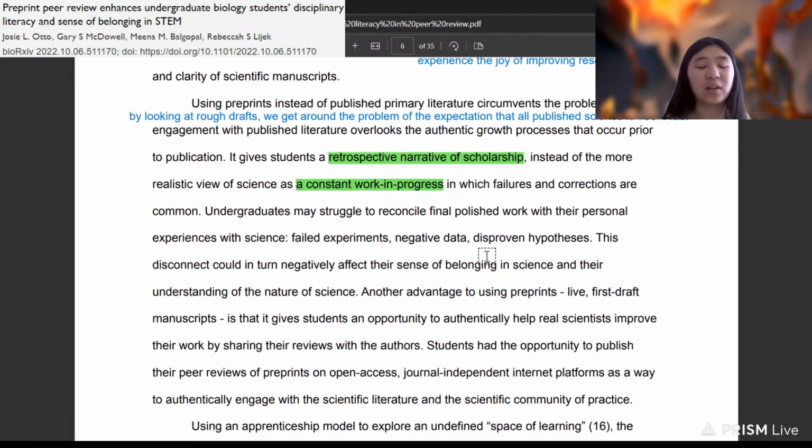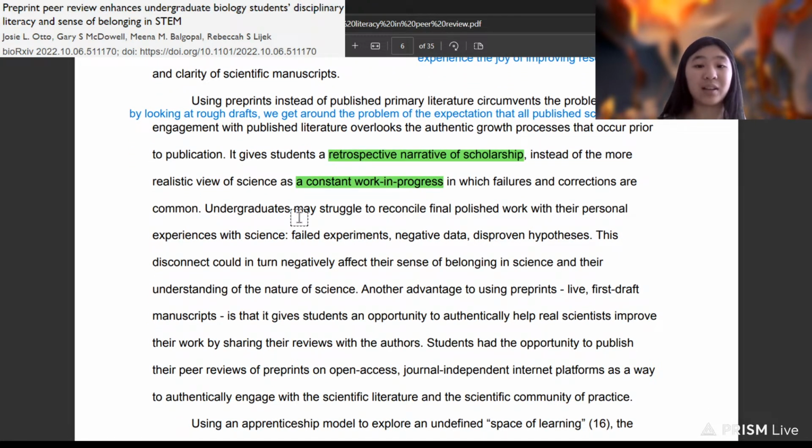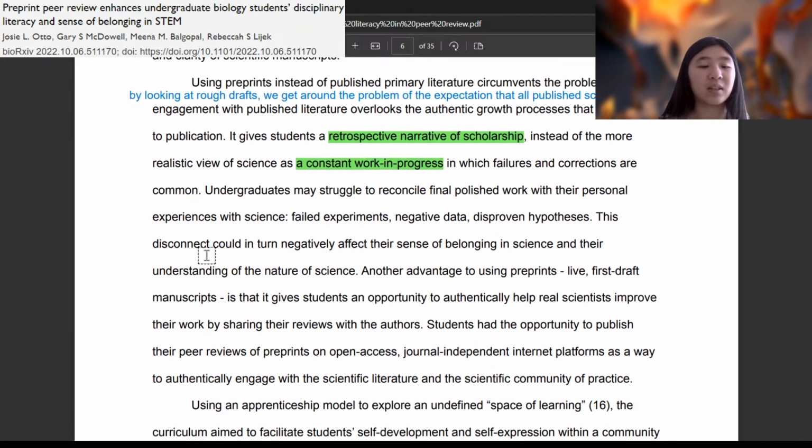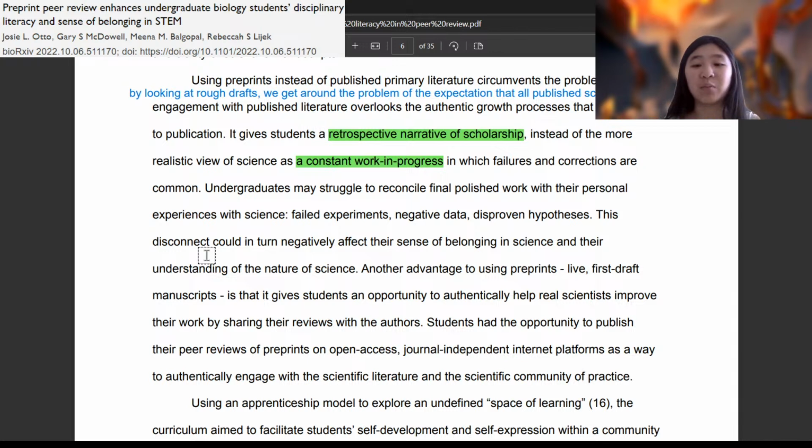So undergraduates may struggle to reconcile final polished work with their personal experiences with science, failed experiments, negative data, disproven hypotheses. This disconnect could in turn negatively affect their sense of belonging in science and their understanding of the nature of science. So, basically, if you're an undergraduate college student and you read all of these textbook facts, you believe that every experiment will always get you a 100% proven result.